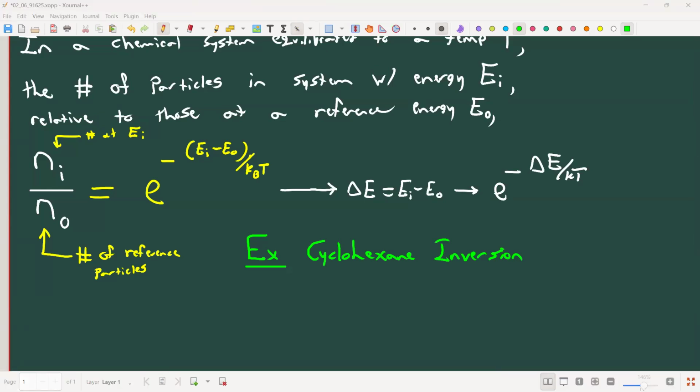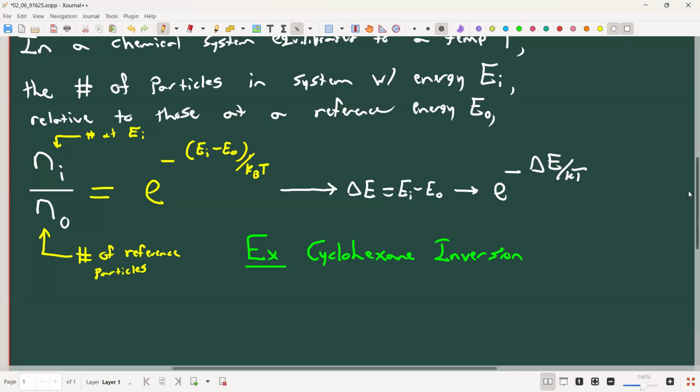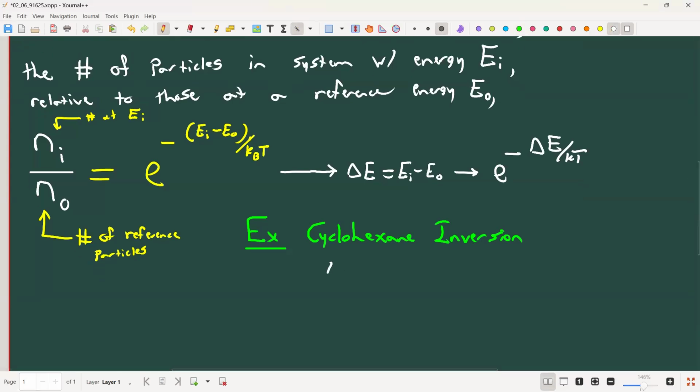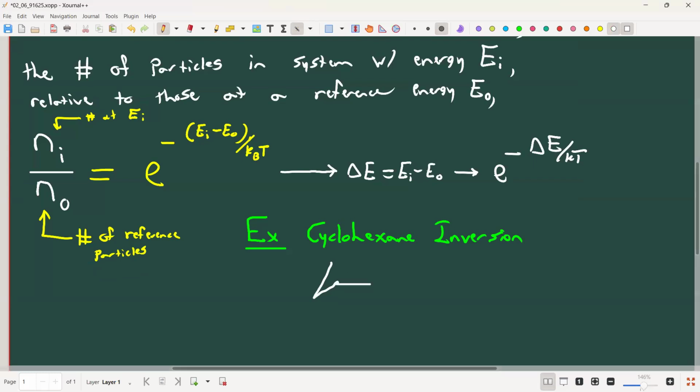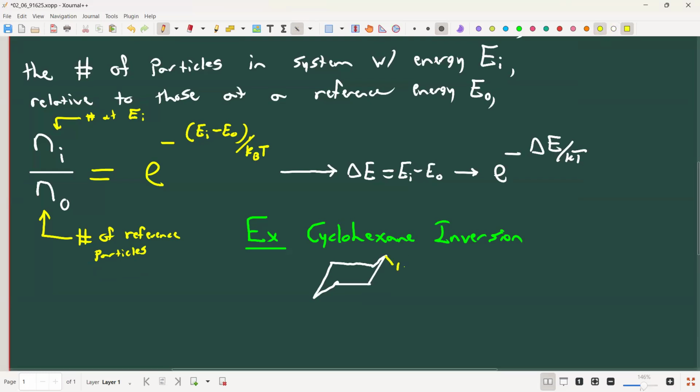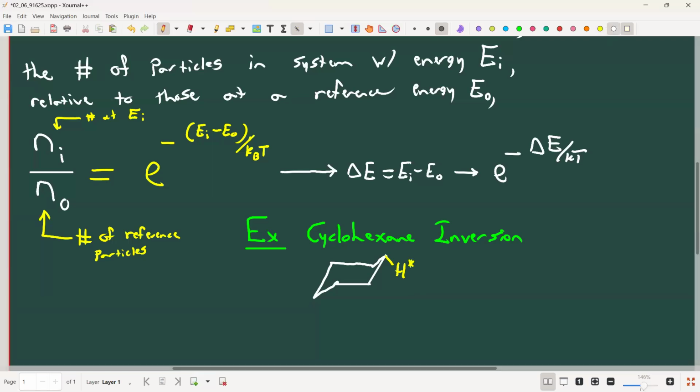Everyone, I'm going to bring your trauma back by drawing some chairs. Cyclohexane has two equivalent chair forms that interconvert between each other. If I label one of these H's with a color, maybe I'll just give it a star, you have an equatorial and you have an axial one. I've marked one of them.